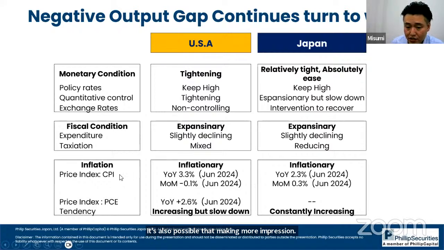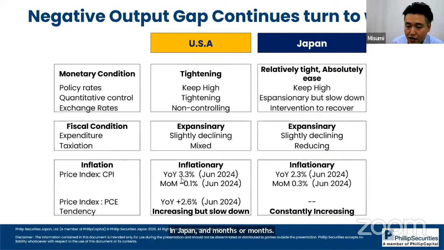So on the inflation condition, the price index is a 2.3% YOY increase in Japan, and the month-on-month change is a 0.3% increase.